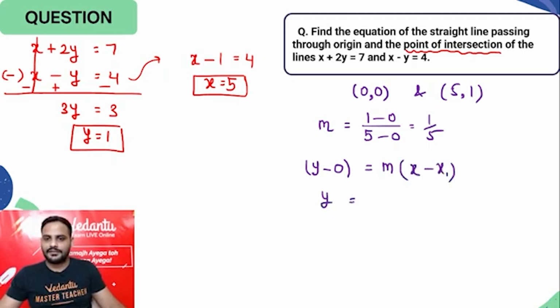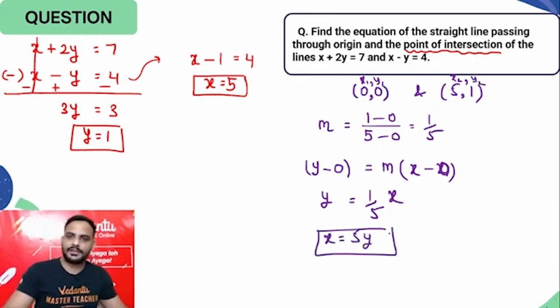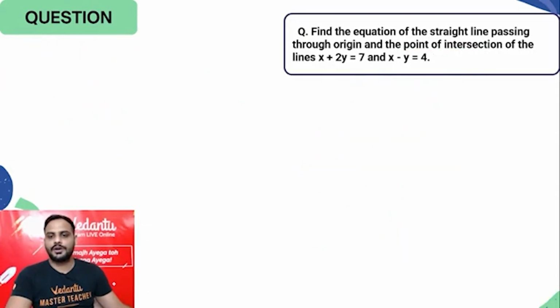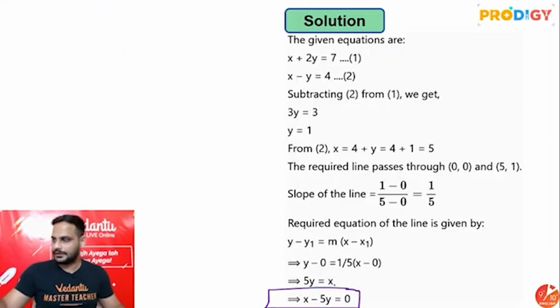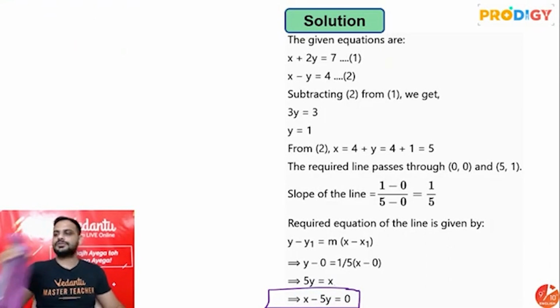So y is equal to 1 by 5 times x. Here x1, y1 is also equal to 0 only. Okay, this is x1, y1. This is x2, y2. Shift 5 over there. So x is equal to 5y. ठीक है? Or x minus 5y equal to 0. This is the equation.